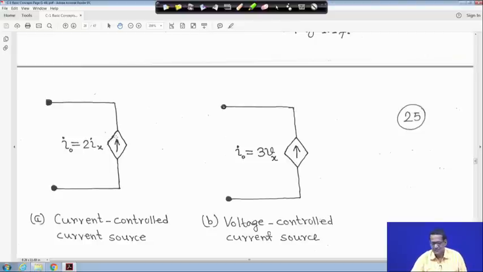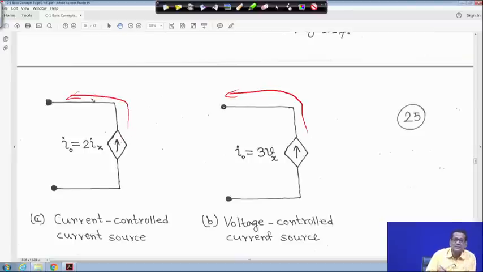Similarly, this is the upward direction, so current is flowing like this.